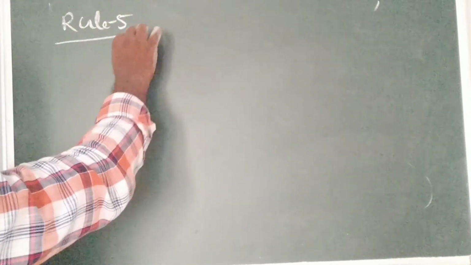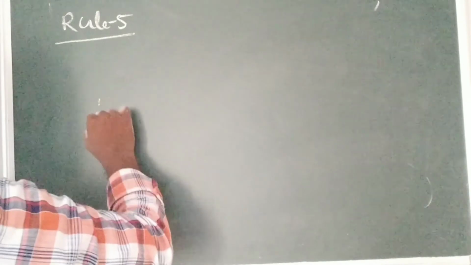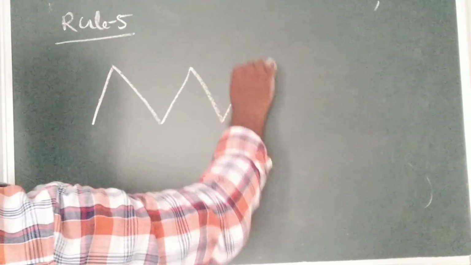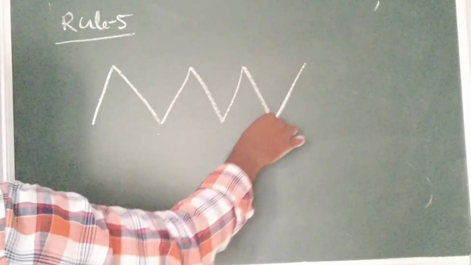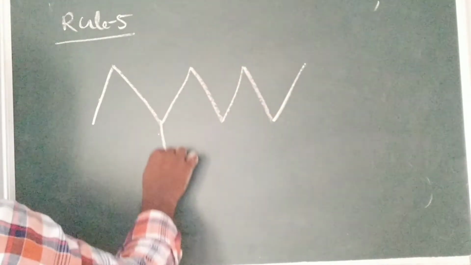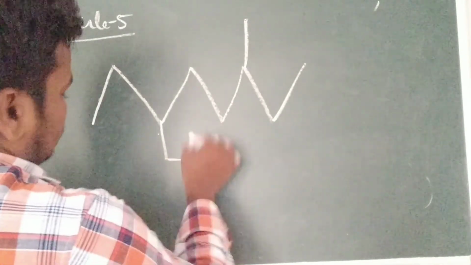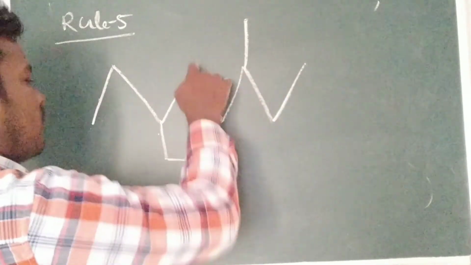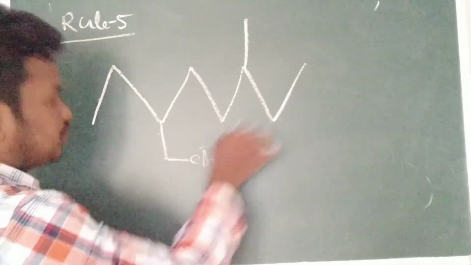Next, you can see rule number 5, which is about the alphabetical order rule. Now you can see one example, numbered 1 to 8. Here one group and here one group are present, on the third position. Counting 1, 2, 3, 4, 5, 6, a methyl group is present here and an ethyl group here.